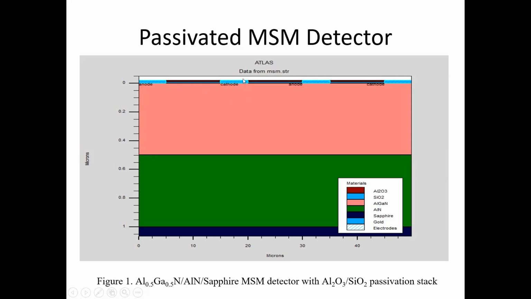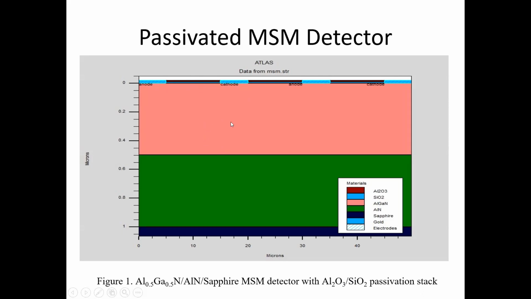Between these electrodes, we have utilized a passivation layer stack, which consists of aluminum oxide over, below that, a silicon dioxide layer. Aluminum oxide is red in color, and silicon dioxide is sky blue in color beneath that layer.